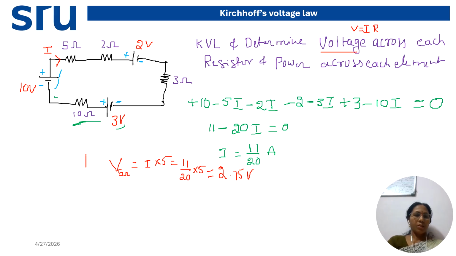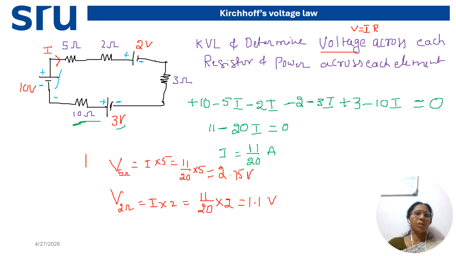Then next, what is the voltage across the next element, 2? Voltage across 2 is I into 2, so 11 by 20 into 2 is 11 by 10, it is 1.1 volt.